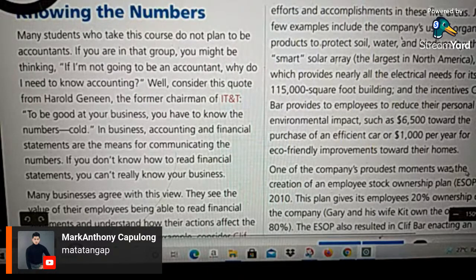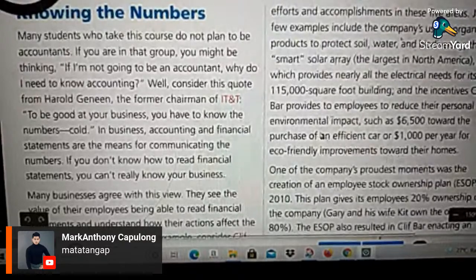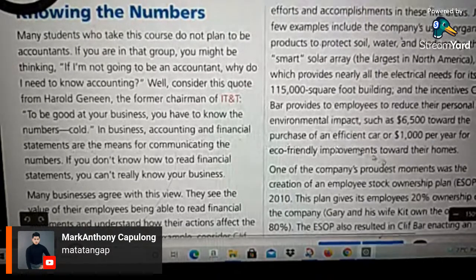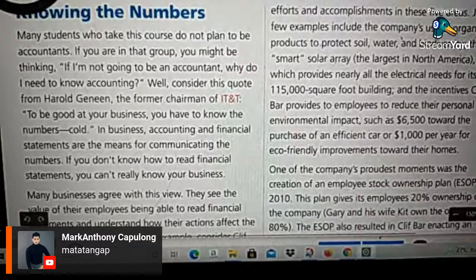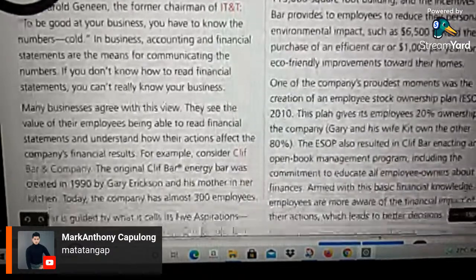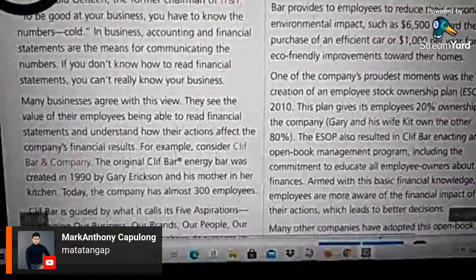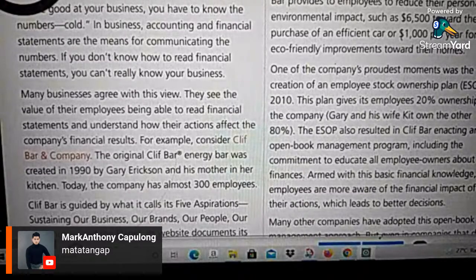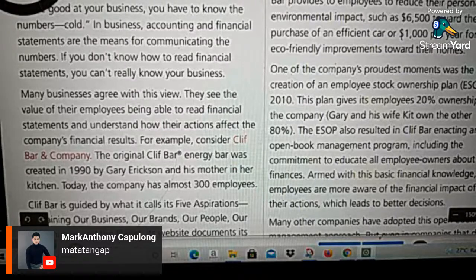Okay? So the technical term here is financial statements. Financial statement is a technical term, so we have to define that later on, because it is not yet time for that to be defined. We need deeper knowledge and some other concepts before we can do that.